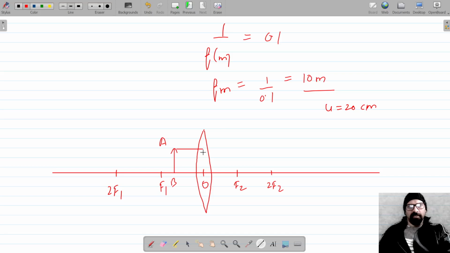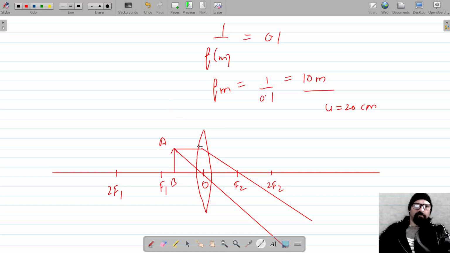So the first ray of light will go through the first principal focus, and the second ray of light we will take through the optical center, and let's produce them backwards. If you produce them backwards, they will intersect here. Because we have extended them backwards, we draw them as dotted lines.